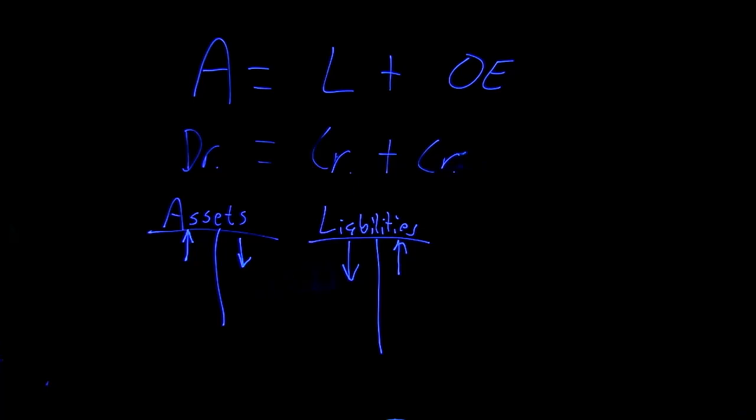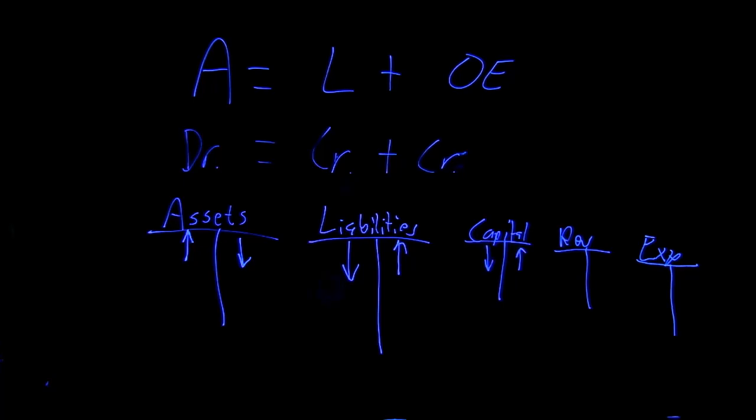And if we break out our owner's equity into capital, revenues, and expenses, so when capital goes up, for instance, when the owner contributes capital to the business, that would be a credit.